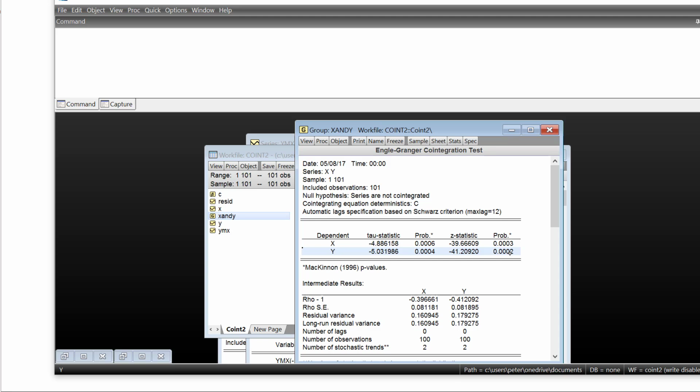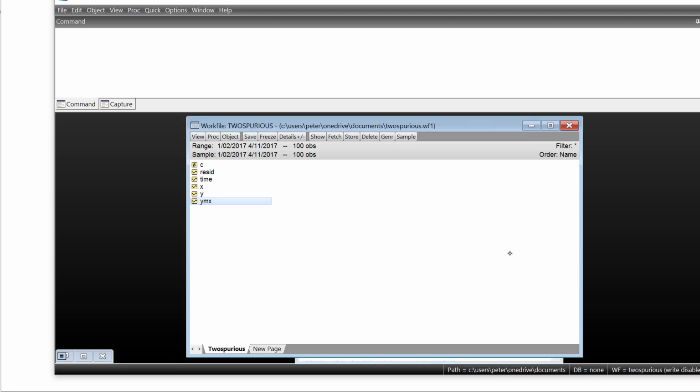So that's the null. The p-value is very small, so this null should be rejected, and we can conclude that X and Y indeed are cointegrated. And a linear regression explaining Y with X is perfectly okay.